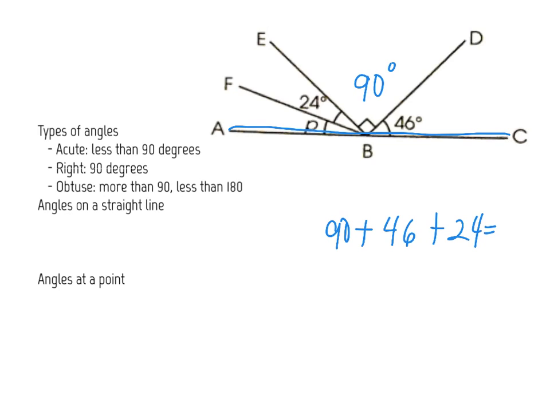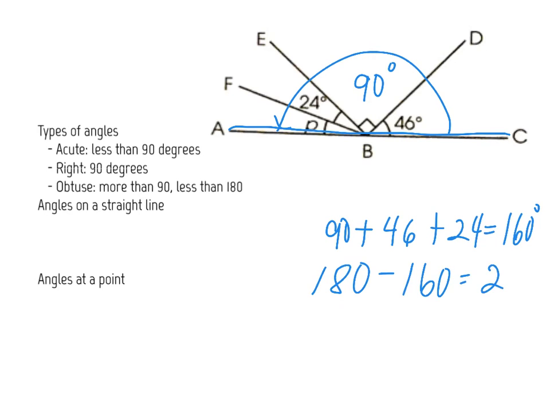The total is 160 degrees. So if this is 180 from here to here, that means it will add up to 180, and to solve for it, you go 180 minus 160, which is 20 degrees. So that's 20 degrees. So along a straight line, the angles always add up to 180 degrees.